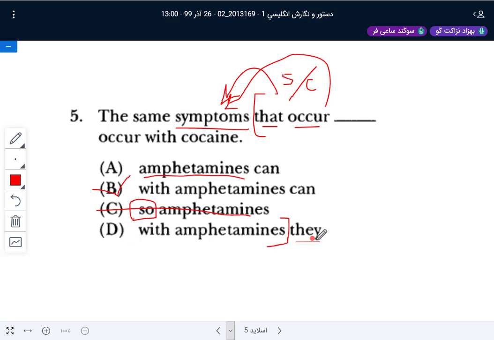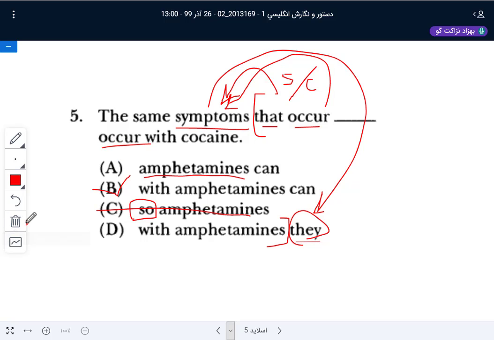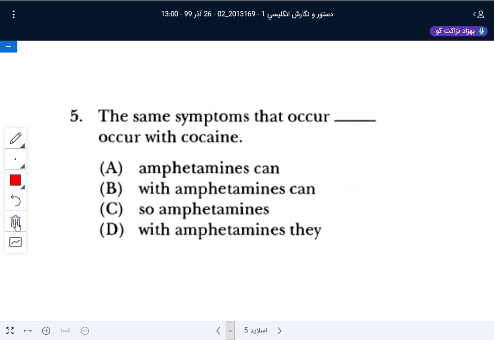This is the adjectival clause and they is the second subject. The first subject is symptoms and the second subject is they. So two subjects for one verb, and that is the second verb here. And as you correctly said, B is the best choice.